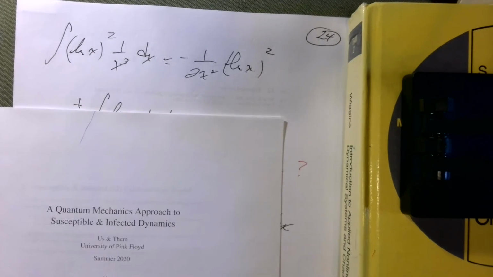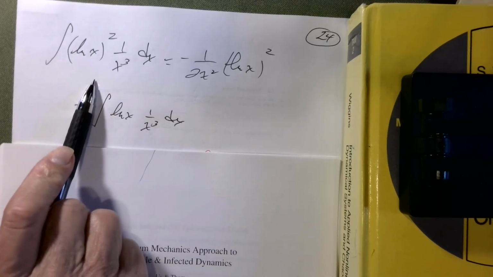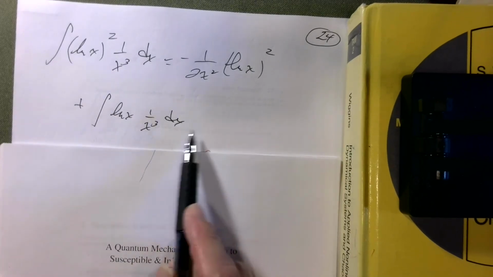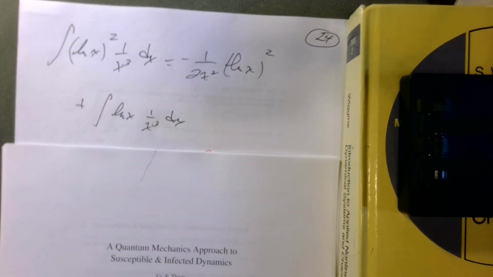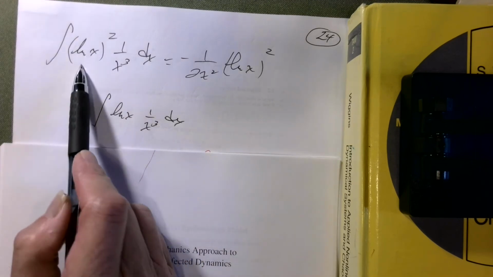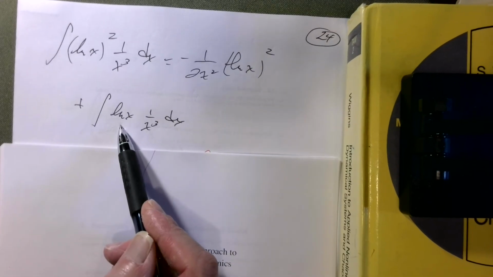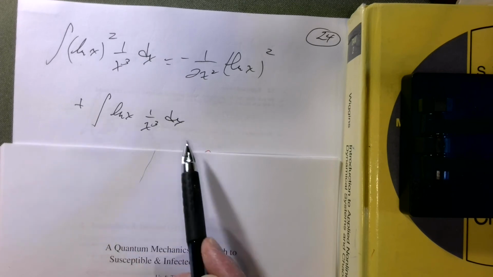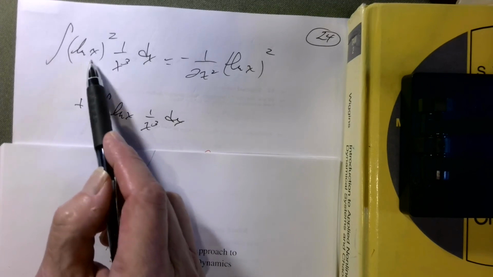So what this means is we've gone from this to this. Have we made progress? Well, notice what's happened is the ln squared has become an ln of x. So this is not a big X type of problem. We have reduced the what? The power of the logarithm.